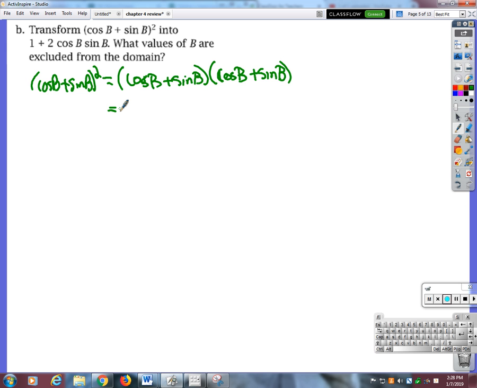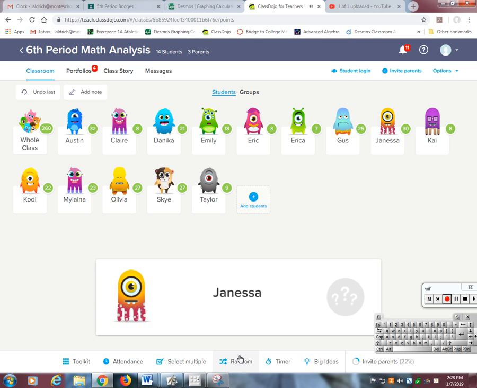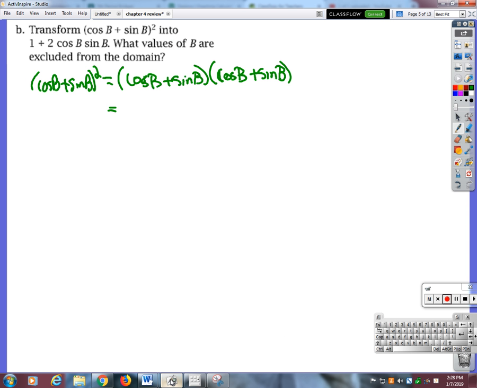All right, so now we need to FOIL this out. So Gus, what is the first thing times the first thing? Cosine times cosine. Okay. First times first is cosine squared.